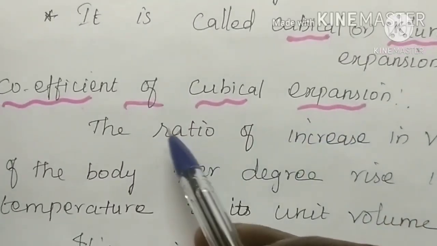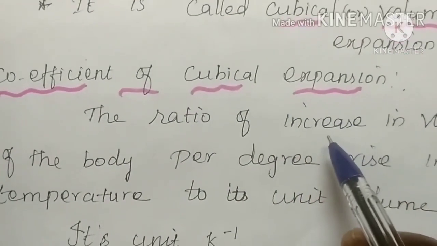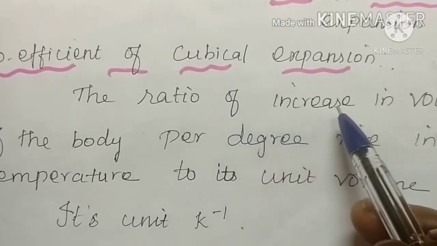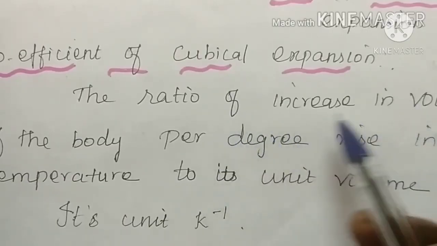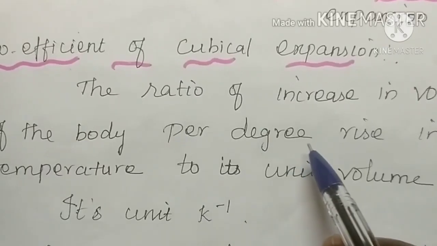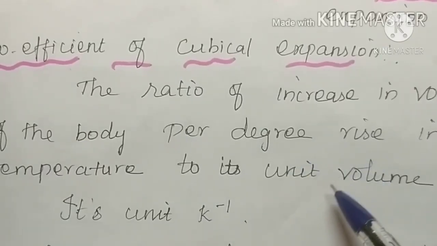So here we can learn what the coefficient of cubical expansion is. It is the ratio of the increase in volume of the body per degree rise in temperature to the unit volume.